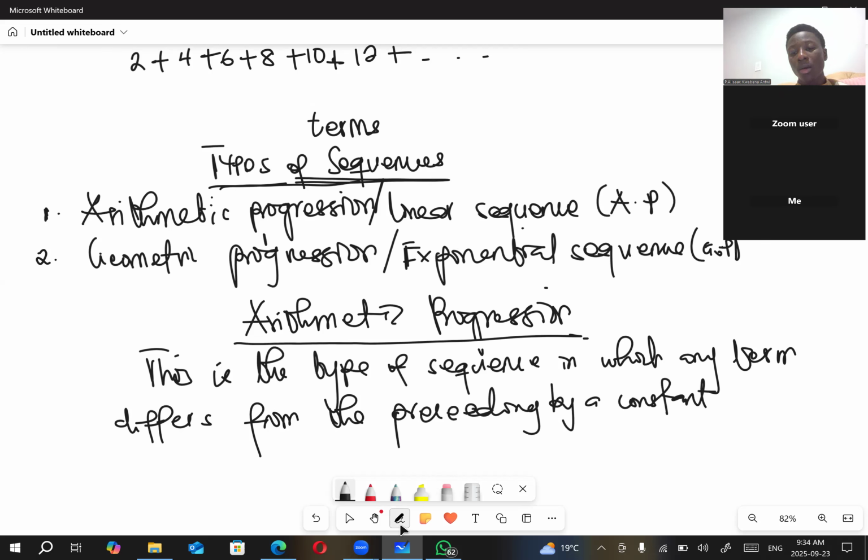Let's add up. The constant is called the common difference.